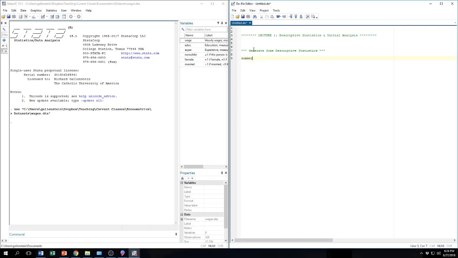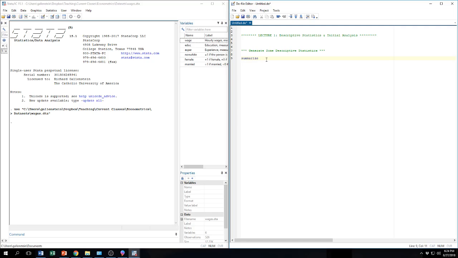You can abbreviate it to just sum. What summarize does is it generates some basic descriptive statistics.